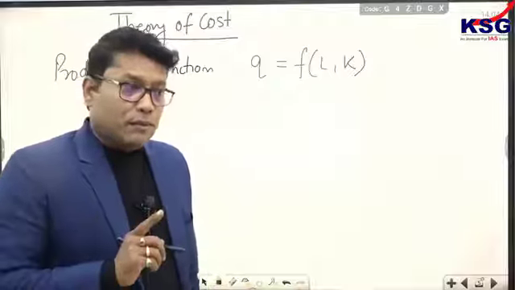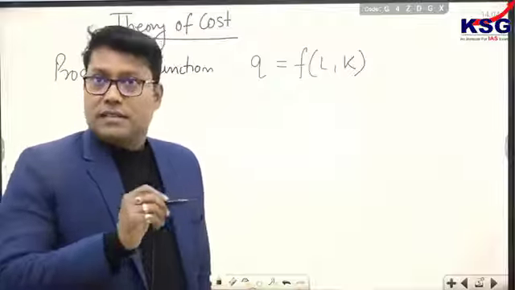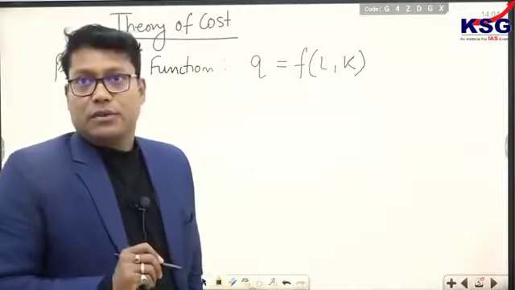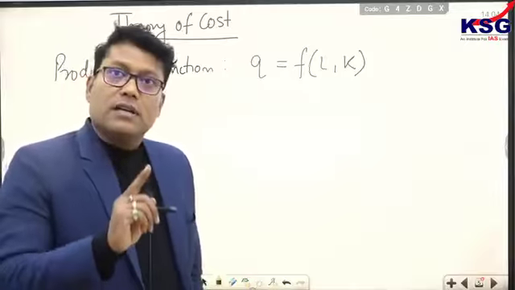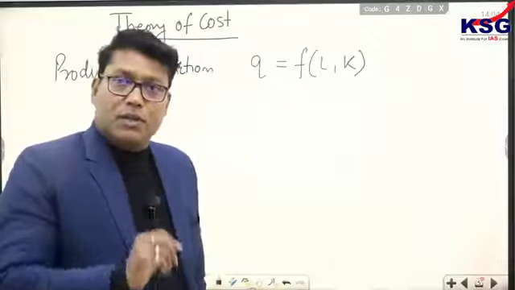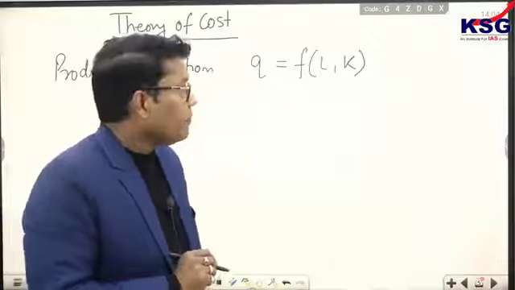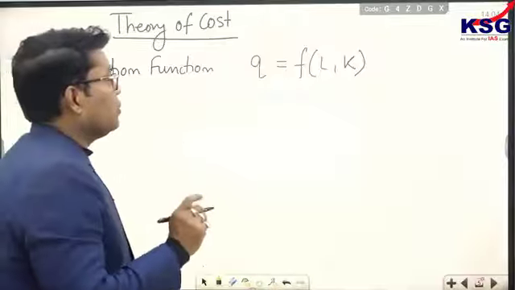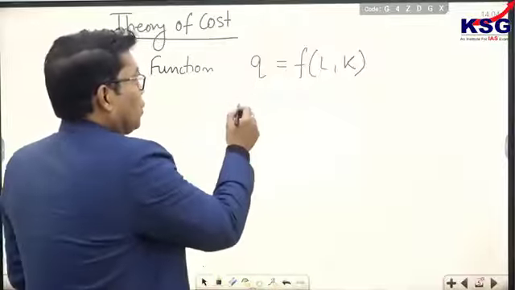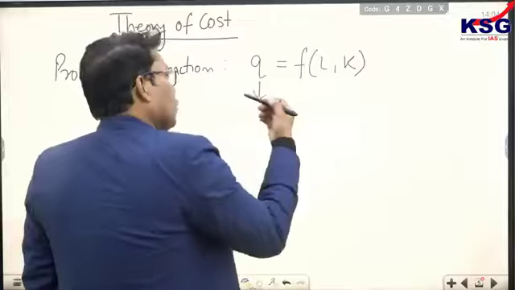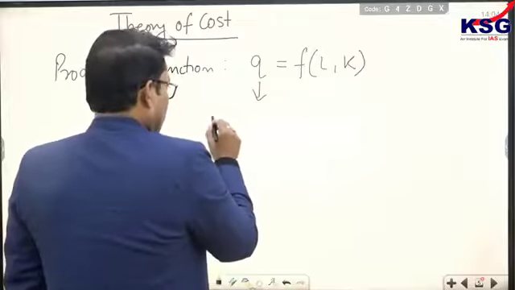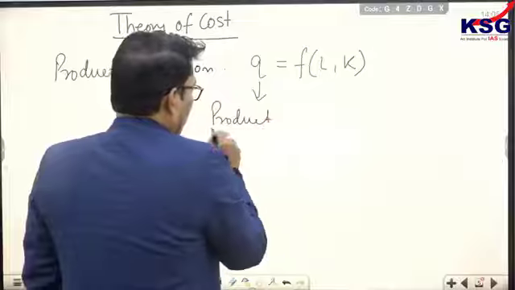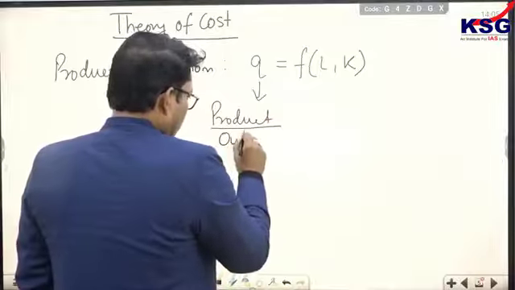Always remember, when you are sitting, don't sit without writing. Keep writing something of what I am telling you. Watch and understand, but meanwhile keep writing. In the production function, Q is any output, any product.